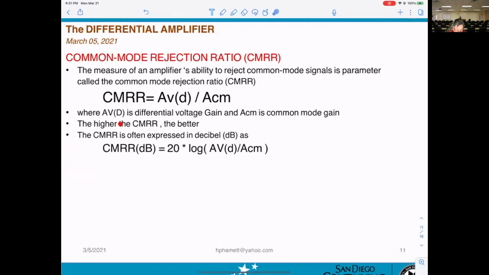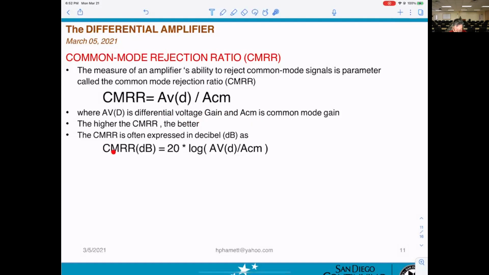AVD is the differential voltage gain and ACM is the common mode gain. You also get a gain for the noise, that's what they call ACM. The higher the CMRR, the better.